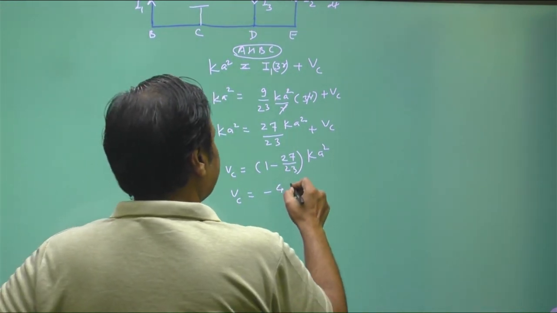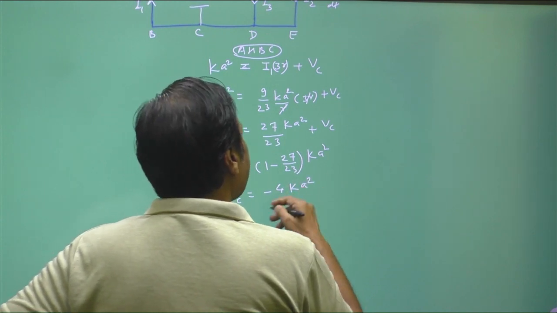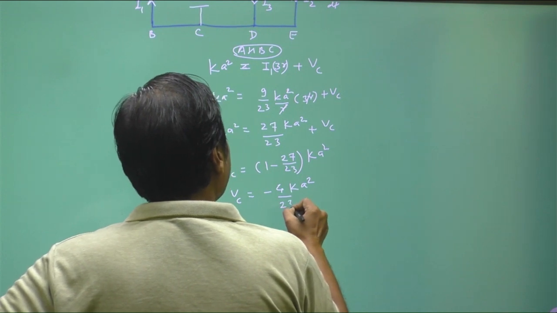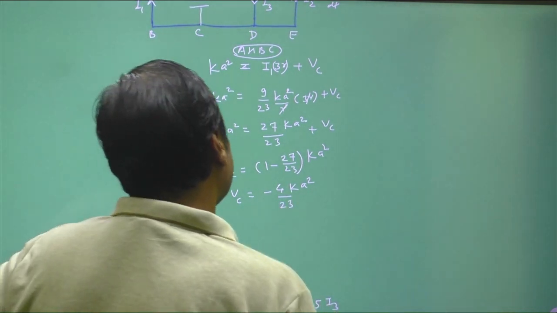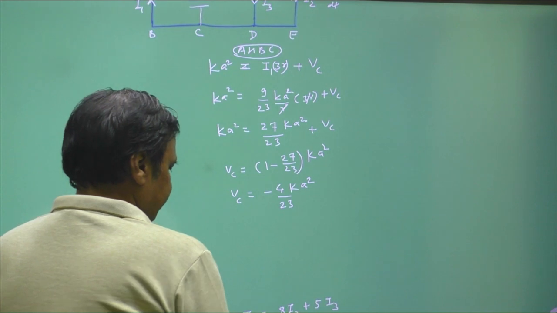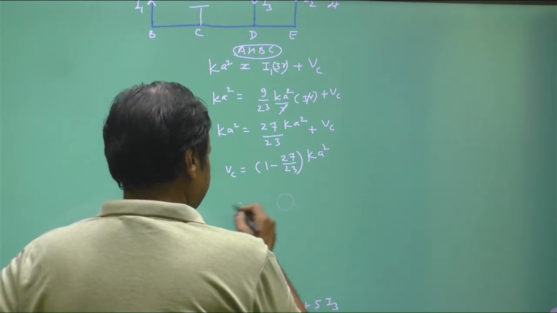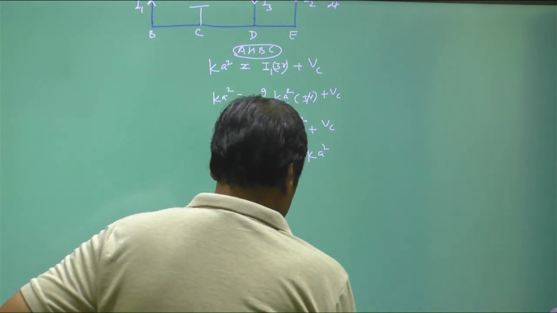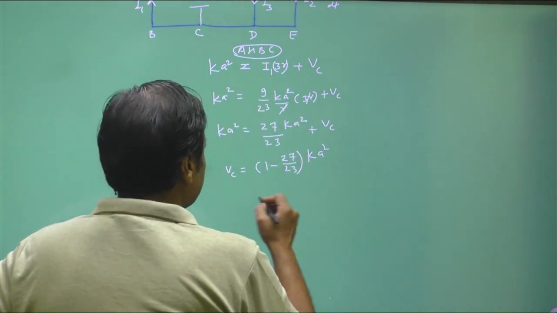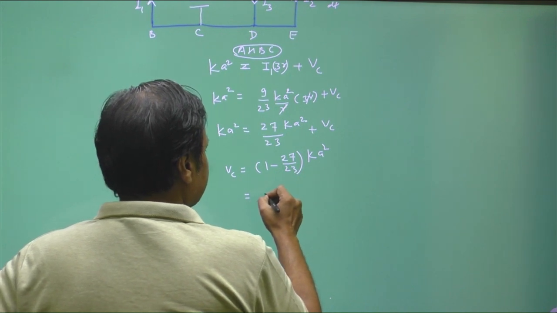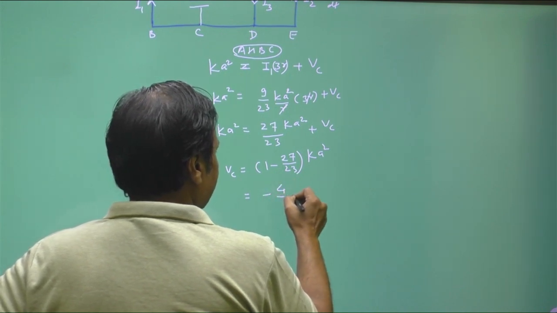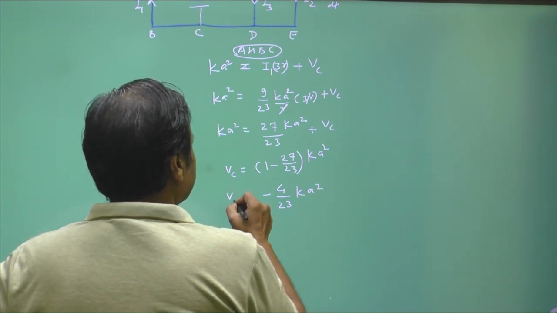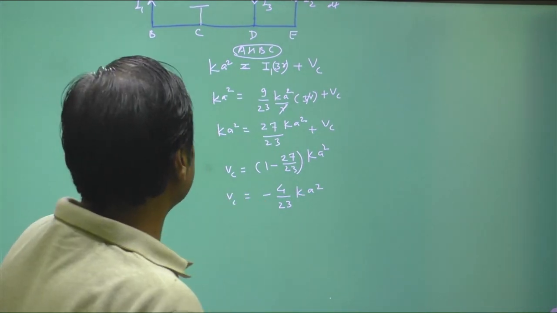That means we got Vc equals minus 4 upon 23 Ka square. This should be given some respect. The voltage across the capacitor is minus 4 upon 23 Ka square.